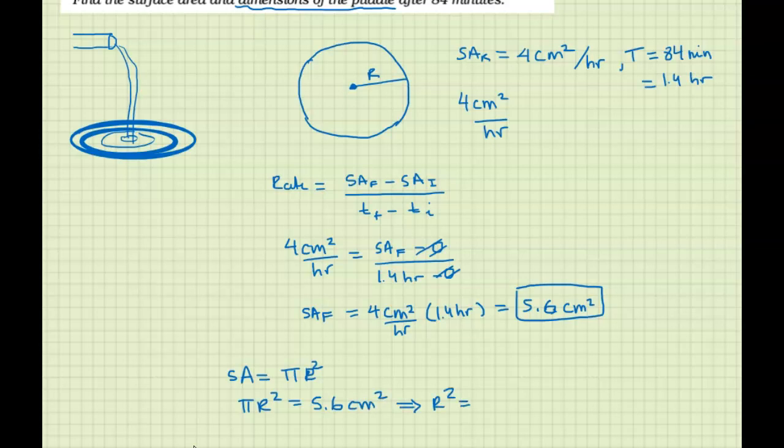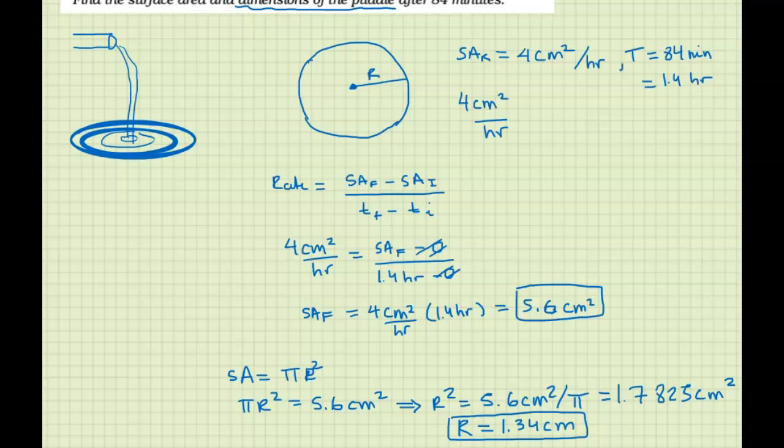So r squared is 5.6 centimeters squared divided by pi, which gives me 1.7825 centimeters squared, and then take the square root. And we get 1.34 centimeters. There we go.